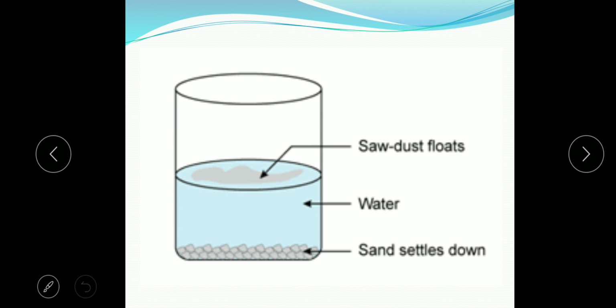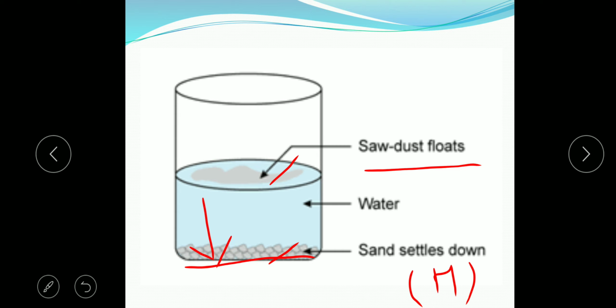Okay, so we take water in a beaker and we take the mixture of sawdust and sand. As we know, sand is heavy, so a gravitational pull will be acting on it, and the sand will settle down at the bottom of the beaker. Whereas sawdust is lighter than water, so it will remain floating on the surface of the water. So this is how these two components of the mixture are separated.